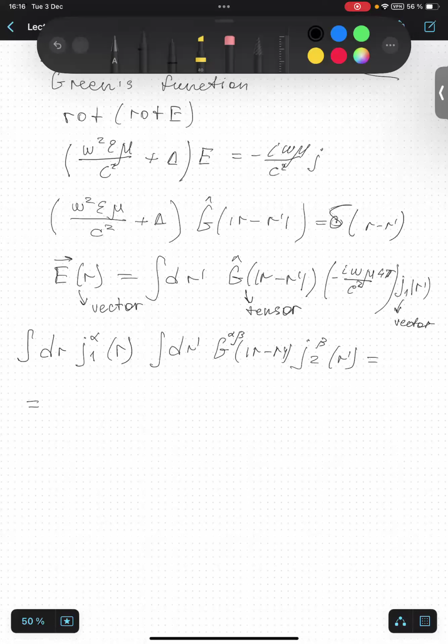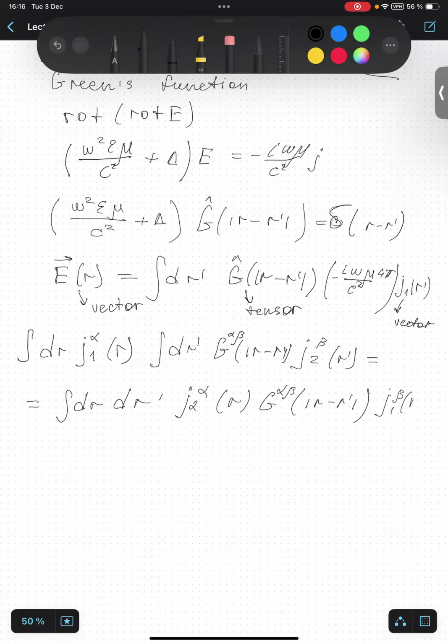Let's write the right-hand side. I'll write it like one integral dr prime, G with indices, this function of r prime, and J1 beta.